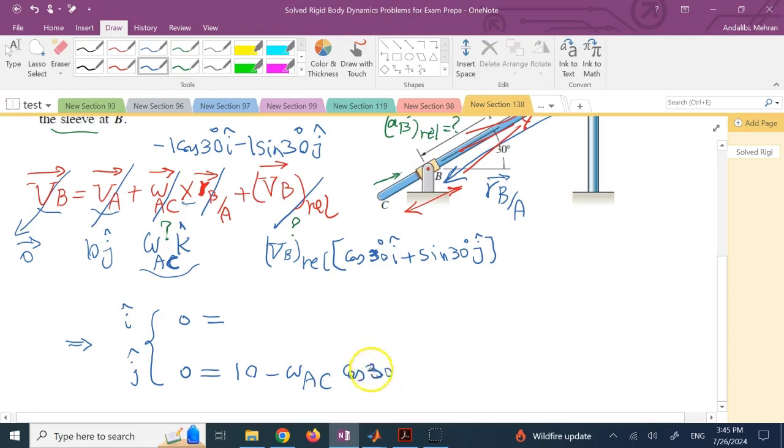Then we have k cross j, and k cross j is negative i, but there is another negative, so that becomes positive i. And then we have VB relative cosine 30 i.